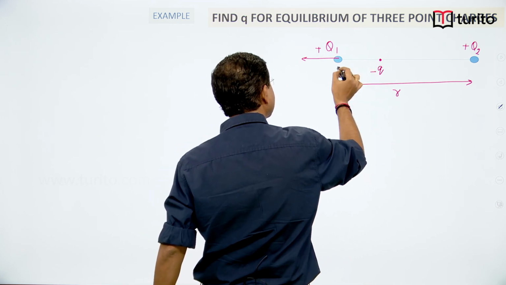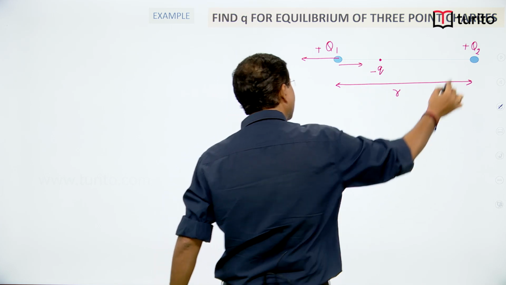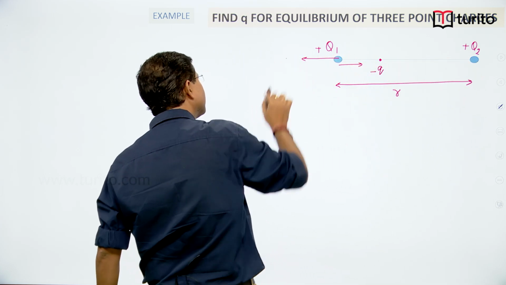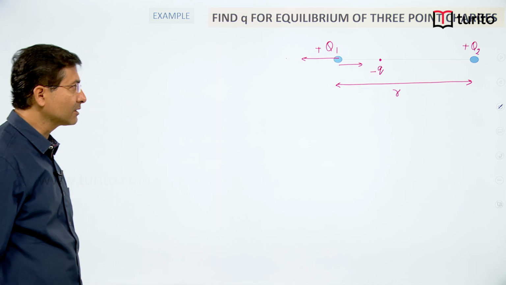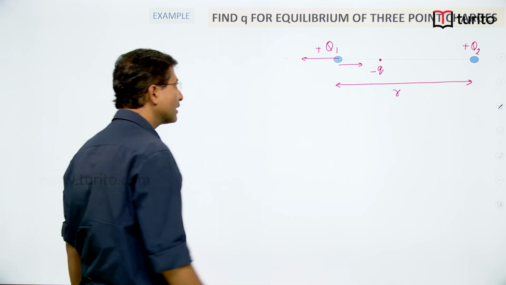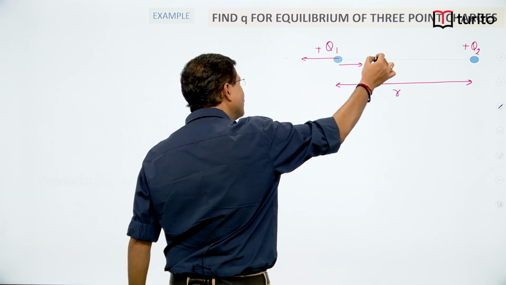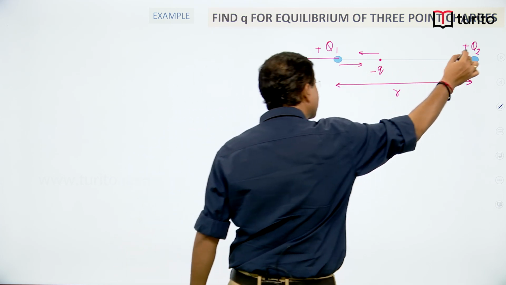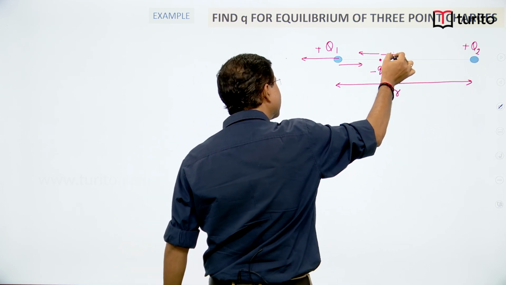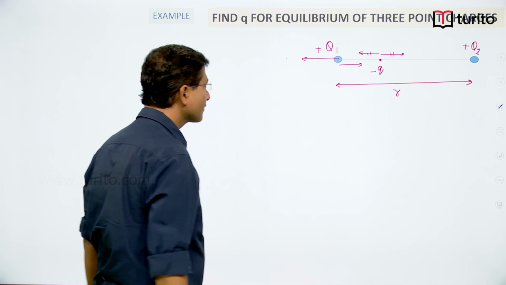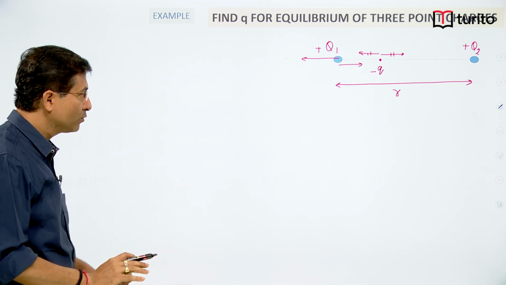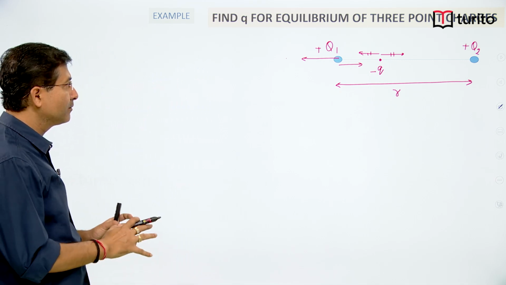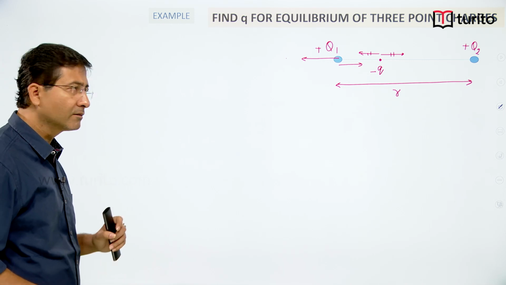Then the force by this one on this one will be in this direction, and the force by this one on this one will be in this direction, and they may cancel each other. Now, for this situation, look at this one: this q1 will attract q and this q2 will attract q, they can cancel each other. So minus q can be in equilibrium, this q1 can be in equilibrium.